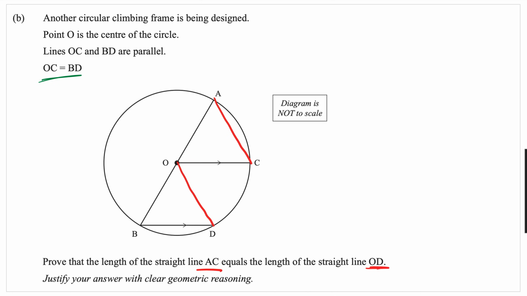So the first thing to realize is that we know OA equals the radius of the circle. And because of that, OA should be the same thing as OB, which is also the same thing as OD, and also the same thing as OC.